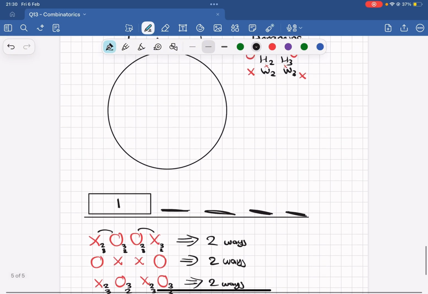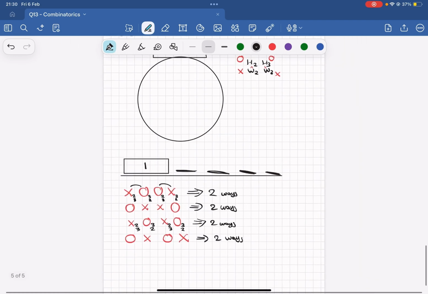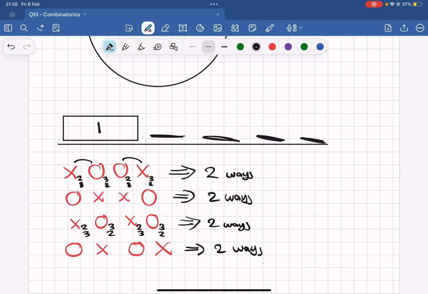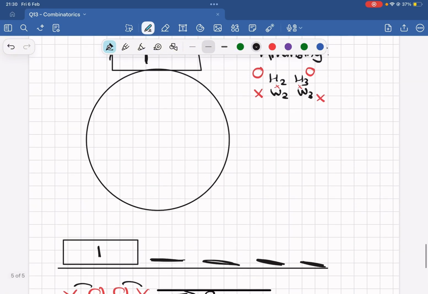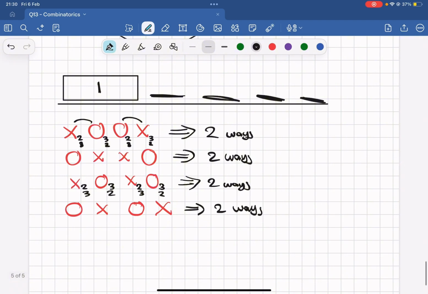So in total we found 8 ways. We're not timesing, we're just adding these cases because we sort of split case 1 into smaller subcases. So instead of timesing, we're just adding. So we have 2 plus 2 plus 2 plus 2, and that gives us 8 ways.